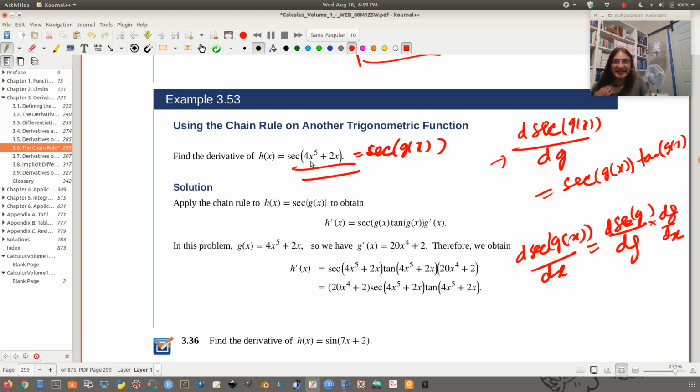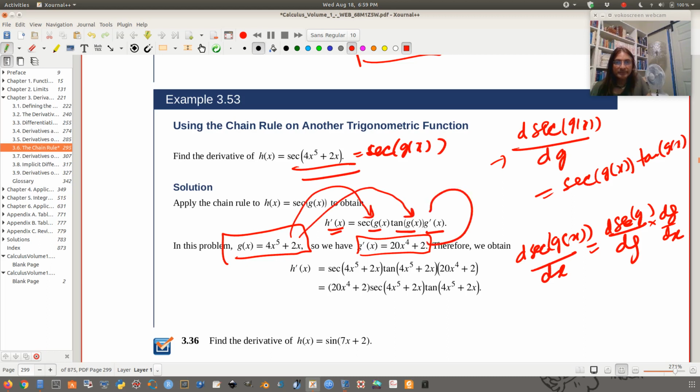So our h prime will be secant of g times tan of g times g prime x. But our g is this, and g prime is easy, 20x to the 4 plus 2. So plug these two things here and get the result.